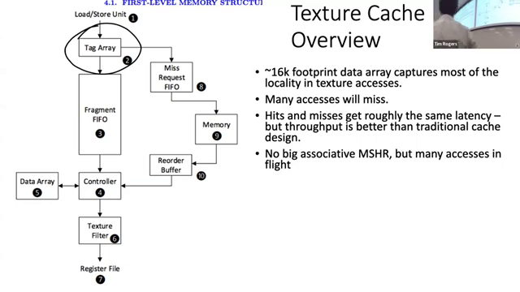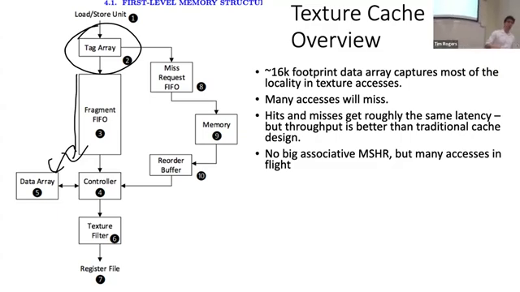We're going to make the assumption that by the time the access gets to the data array, which is separated by this relatively long FIFO, a queue that every cycle moves the particular fragment you want one step closer, by the time it gets down here, even if it was a miss, it should be in the data array, or very close to being in the data array. And if it was a hit, it'll be there, and you'll just go ahead and access it.